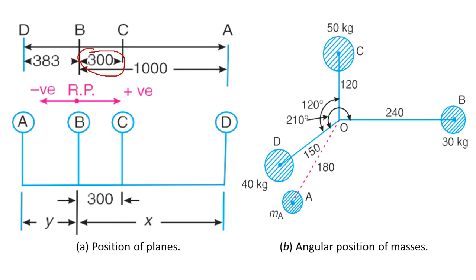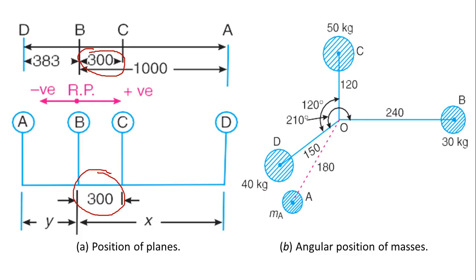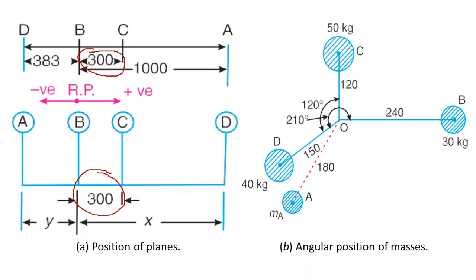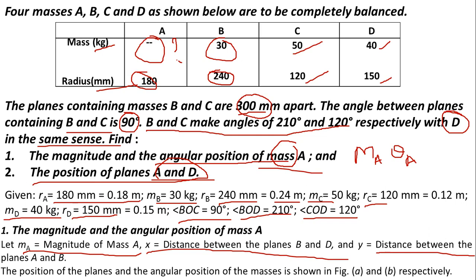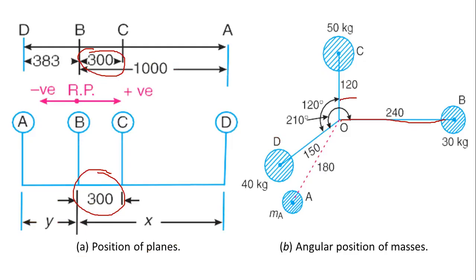Are any other things given? No, and then the angles directly. Whichever is known to you, that we will take. We take a common starting point. A is unknown, so we take the starting point as B. B will be at 0 degrees. Then it is told in the question that B and C make an angle of 90 degrees, so from B to C we take 90 degrees.